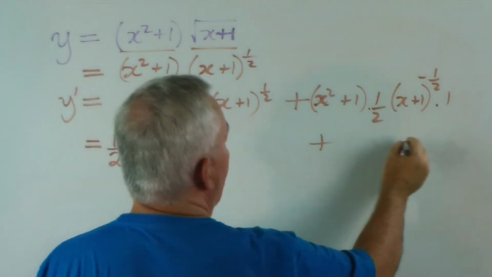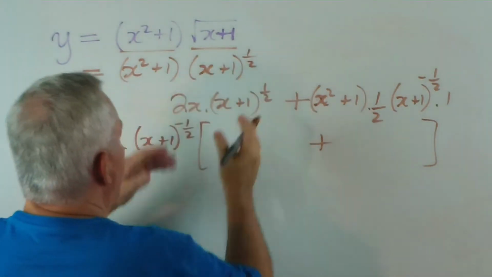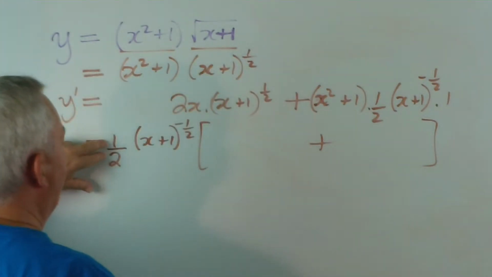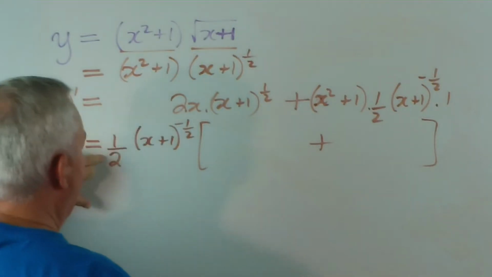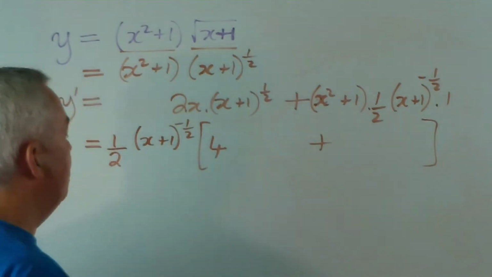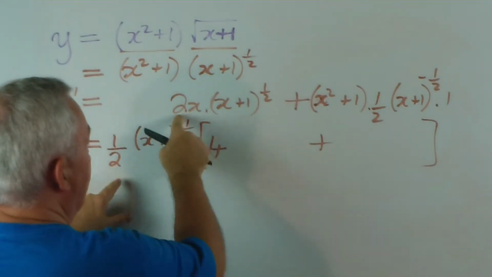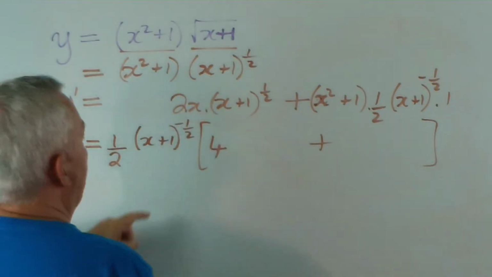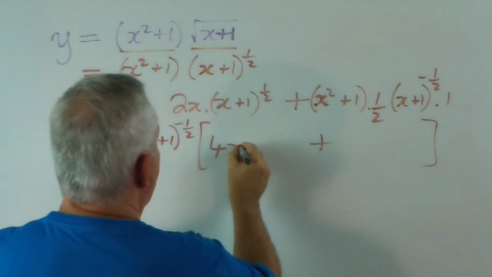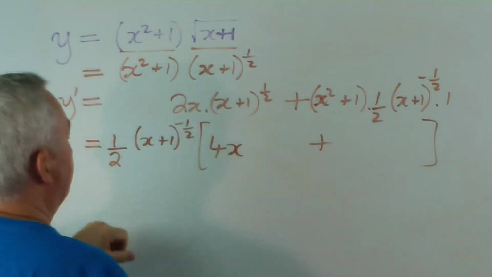So let's see what we've got left. Out of this first expression, if we take a half out or divide 2 by a half, we get 4. How many halves are there in 2? 4. Or if you like, half times 4, or 4 times a half is 2. We're going to take the x out because it's not out here. So half of 4x is 2x.